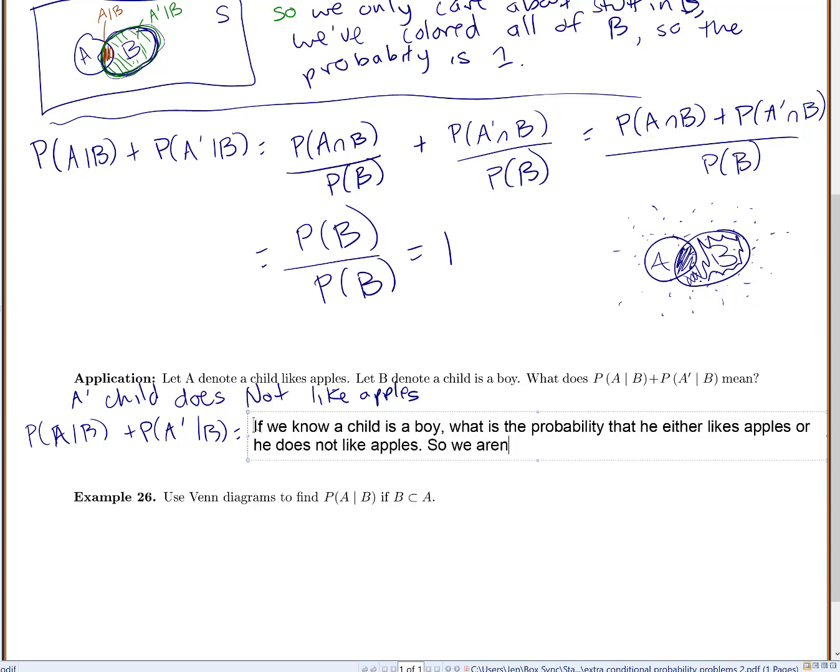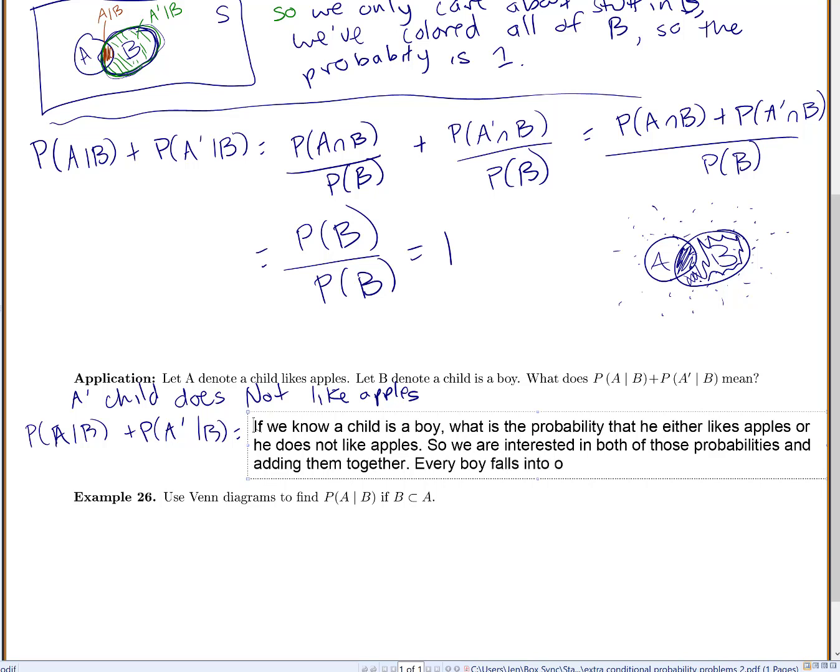We are interested in both of those probabilities and adding them together. Well, if you think about it, any boy you ask is either going to like apples or not like apples. So every single boy is going to fall into one of those two categories. So the probability should be 1.